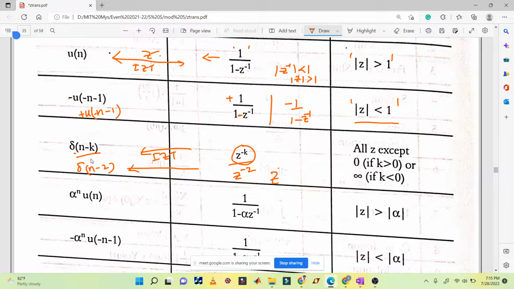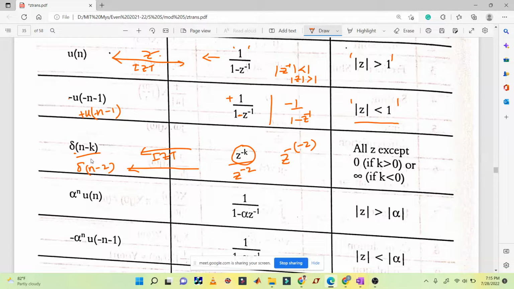If I say Z to the power plus 2, that is, minus of minus 2 will be plus 2, so I would suggest k is equal to minus 2. Z to the power minus of minus 2 is Z square. Here I substitute k as minus 2: delta of n minus minus 2. So it is delta of n plus 2.